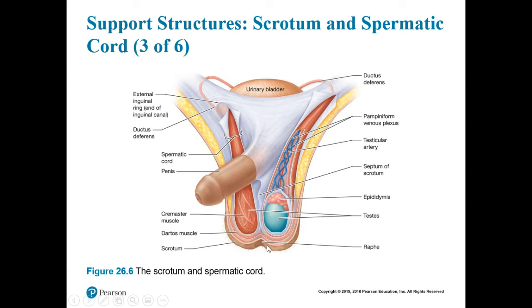That increases the surface area and allows for that heat to diffuse out in the form of sweat. If it's too cold, then what you want to do is reduce the surface area. Therefore, the dartos contracts, and that wrinkles up the skin around the scrotum, reducing the surface area so that not a lot of heat is lost to the environment.